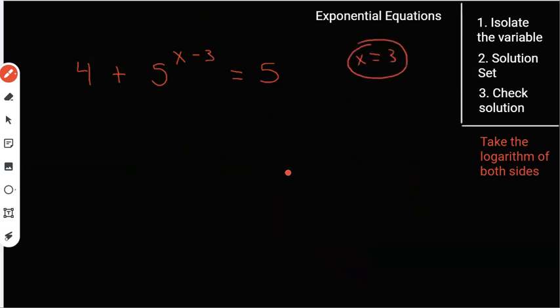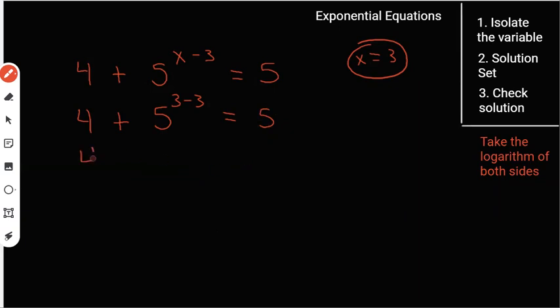I want to make sure that when I plug this number in, I get a true statement at the end. So I'm going to keep everything the same, but replace the x with a 3. The 4 remains the same, the 5 remains the same, and the right side remains the same. The only difference is I'm letting x be 3.